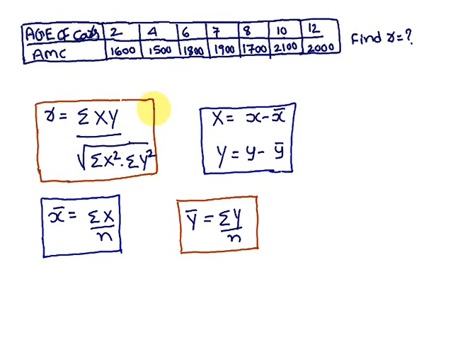This is the formula, where capital X is equal to small x minus x bar, capital Y is equal to y minus y bar, x bar is equal to sigma x by n, and y bar is equal to sigma y by n. We will solve the example now.